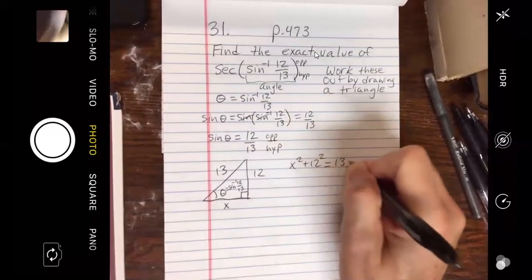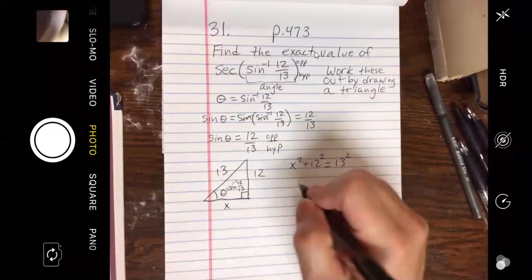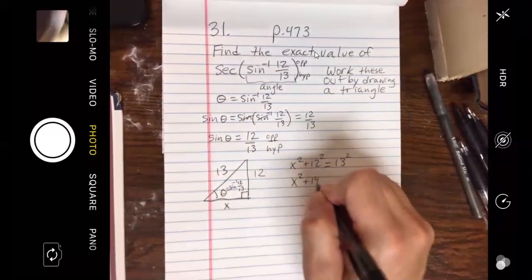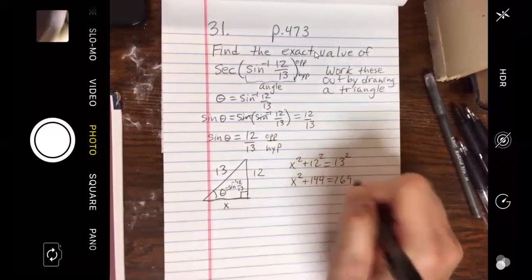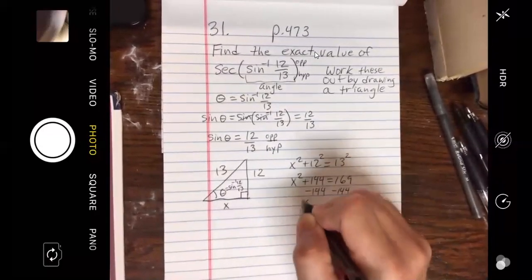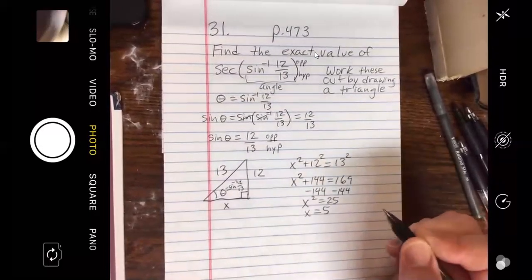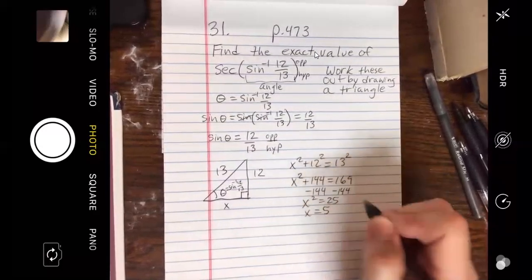You may already know the answer, it works out even. X squared plus 144 equals 169. Minus 144, x squared is 25, so x equals 5.